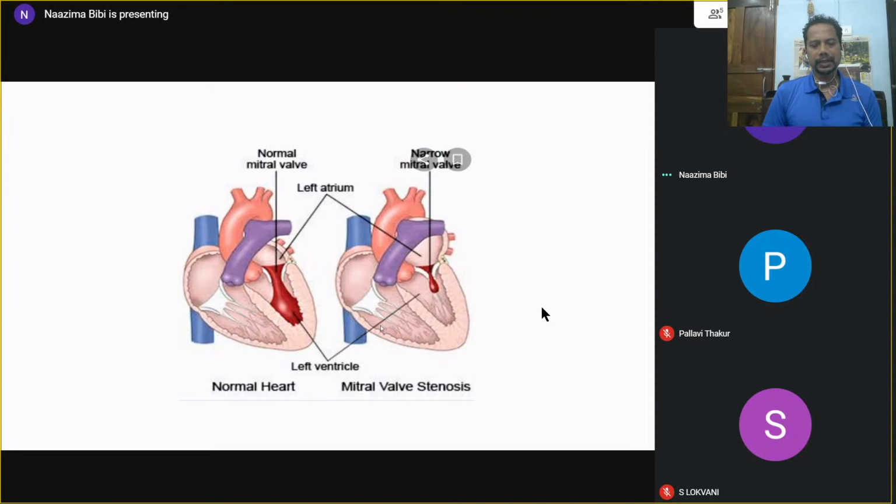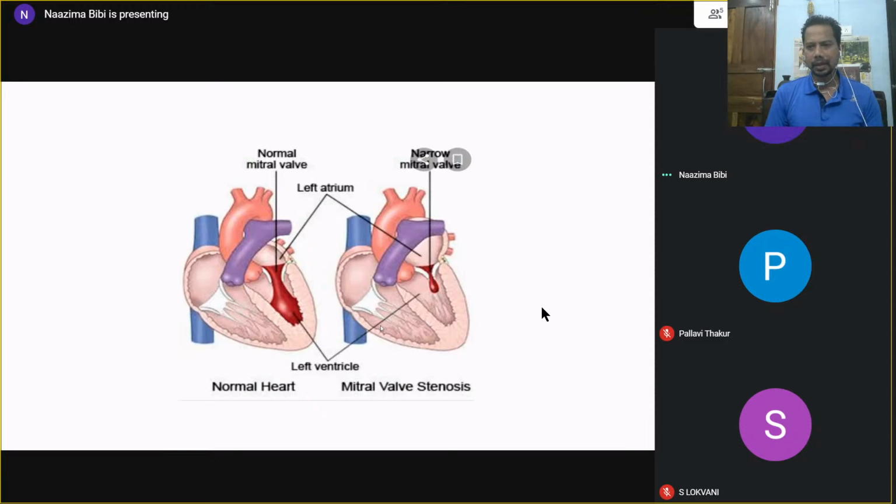Last time we discussed how to check the pulse deficit: keep your fingers on the radial pulse and your stethoscope on the precordium. What will you see in pulse deficit? Which one will be more, the heart rate or the pulse rate? Heart rate will be more, because the difference is more than 10.